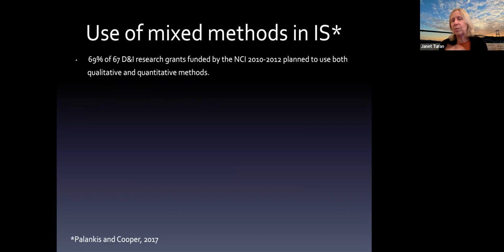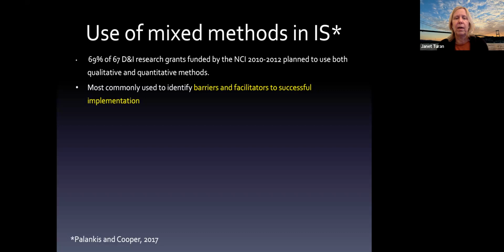So again, it's extremely common in patient-centered research, in implementation science, in just a variety of health research areas. And what I see, and what you'll see too if you look at the literature, is the qualitative piece in particular, and then in combination with the quant, is often used to identify barriers and facilitators to successful implementation.